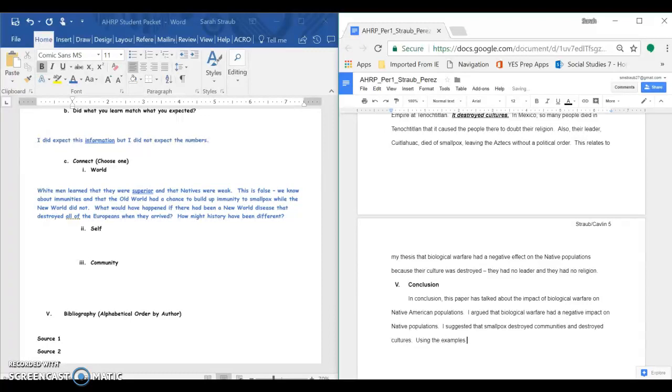Using the examples of English use of smallpox blankets in Delaware and Hernan Cortez's use of smallpox to destroy Tenochtitlan, I showed the devastation that this disease had on the native populations.